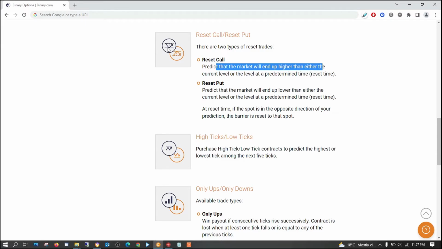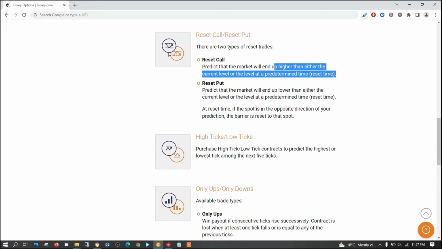So this was the level, and you predicted that the market will end up higher, then you win your position. It says to predict that the market will end up higher than either the current level or the level predetermined by the reset time.